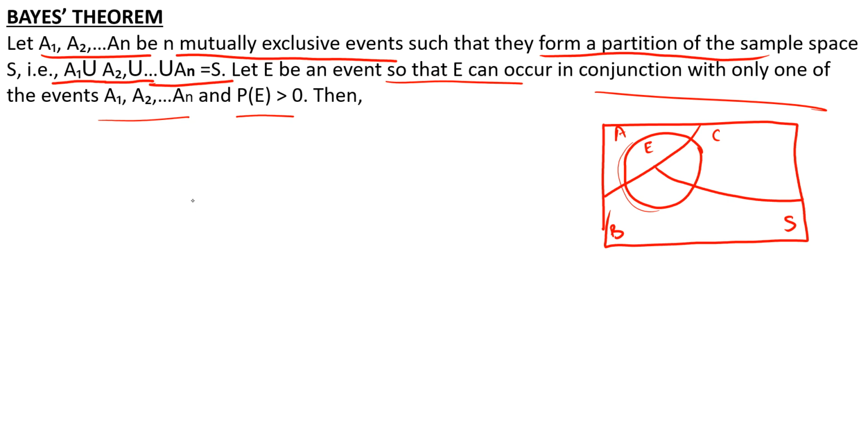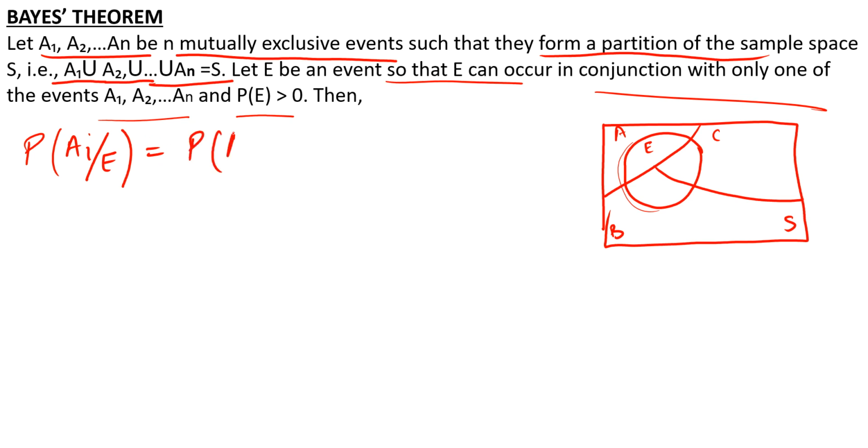the conditional probability of occurrence of event Ai given that E has already occurred is given by probability of Ai given that E has already occurred. Over here it's the defective good E, and over here it's the machinery from which the output is produced.